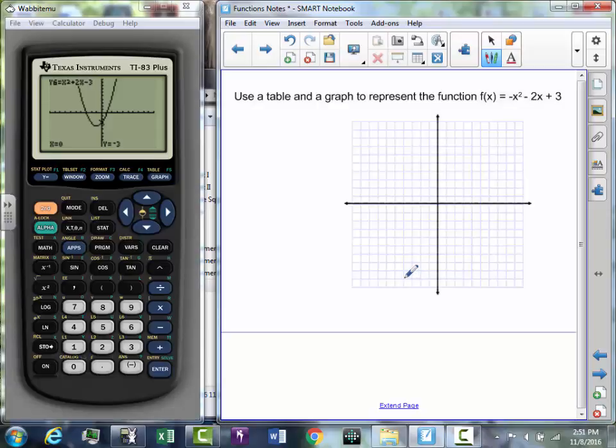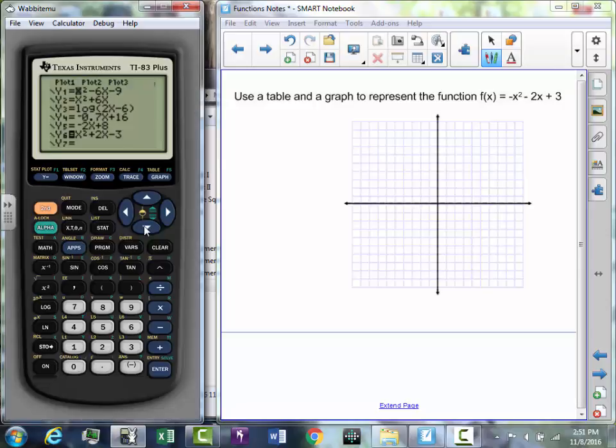I made a subtle tweak to this one here. Very, very subtle. The only thing I changed is that some of the negative and positive signs are different. It's now negative x squared minus 2x plus 3. That's the only change I've made.